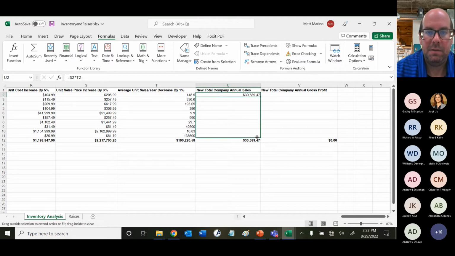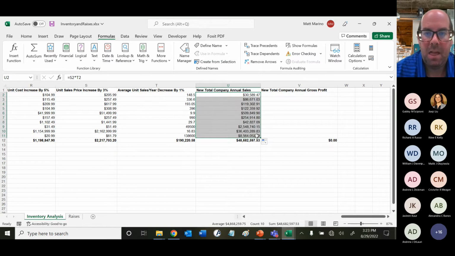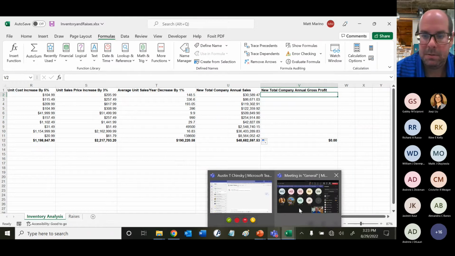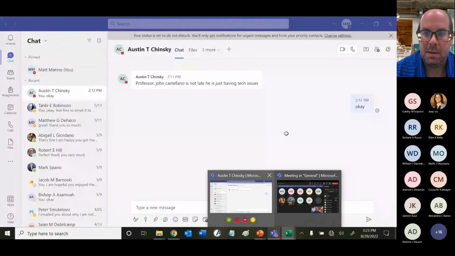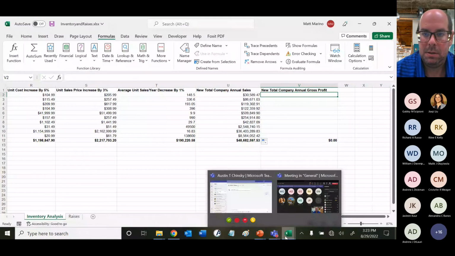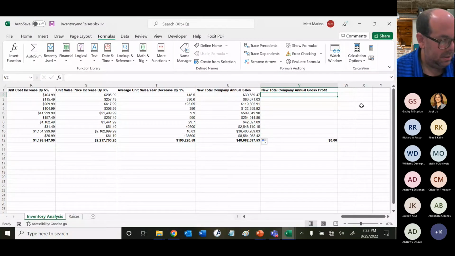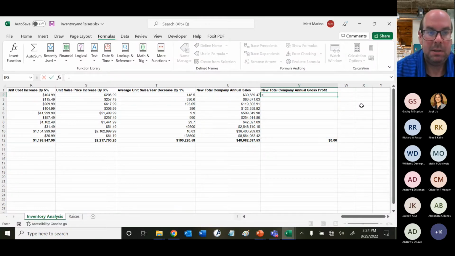And we autofill all of them down. And we have one formula left to compute. Calculate our new total company annual gross profit. So what is the answer to this question?